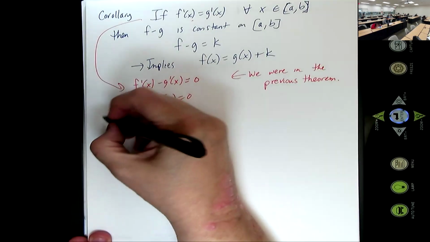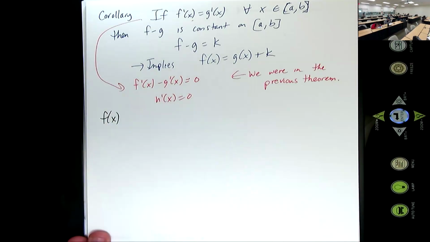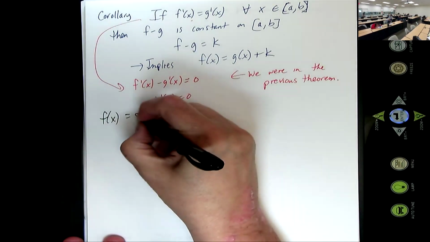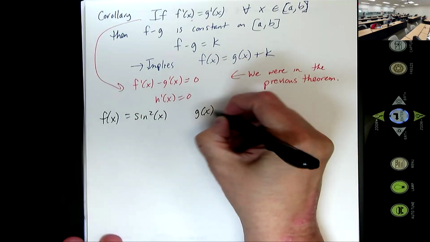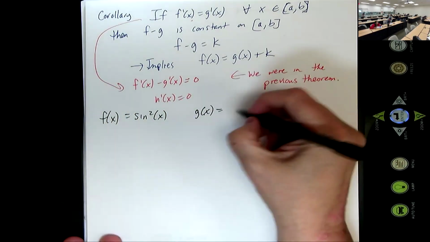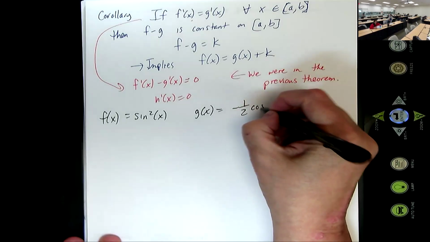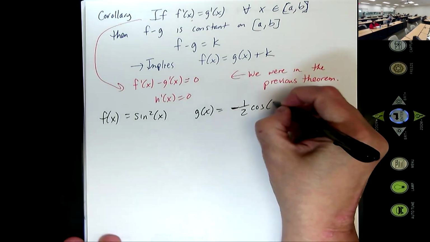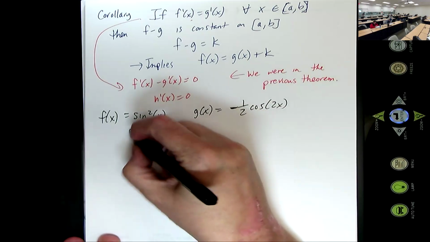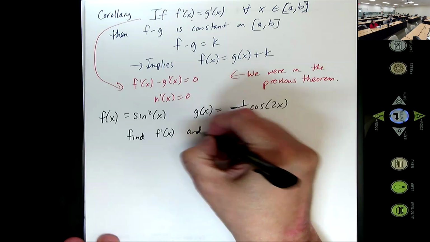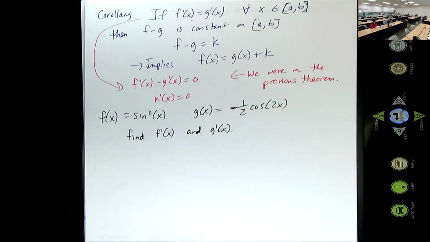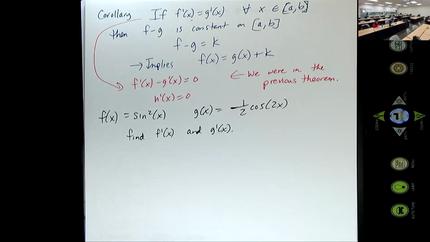Let's say f of x equals sine squared x, and g of x equals negative 1/2 cosine 2x. Find f prime and g prime. I'm gonna let you do that real quick.